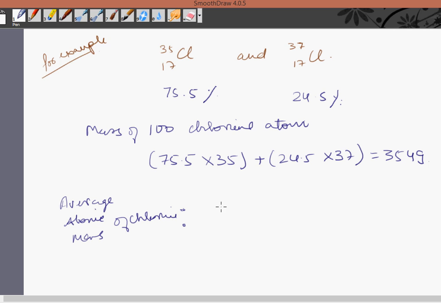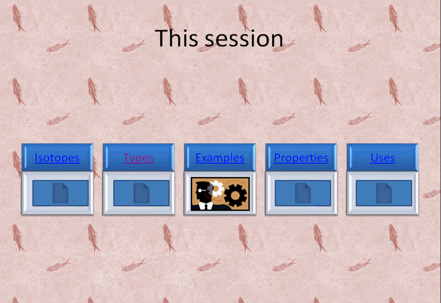So the atomic mass comes out to be 35.49, or say 35.5. So this is the fractional atomic mass which we calculate in terms of weighted average.